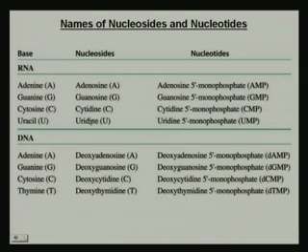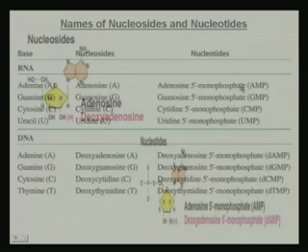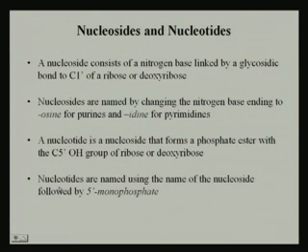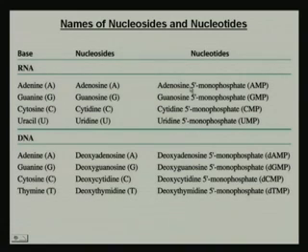These are the nucleoside names. For the nucleotides, they are named using the name of the nucleoside followed by 5 prime monophosphate. Similarly, adenosine 5 prime monophosphate, guanosine 5 prime monophosphate, cytidine 5 prime monophosphate, uridine 5 prime monophosphate and so on.